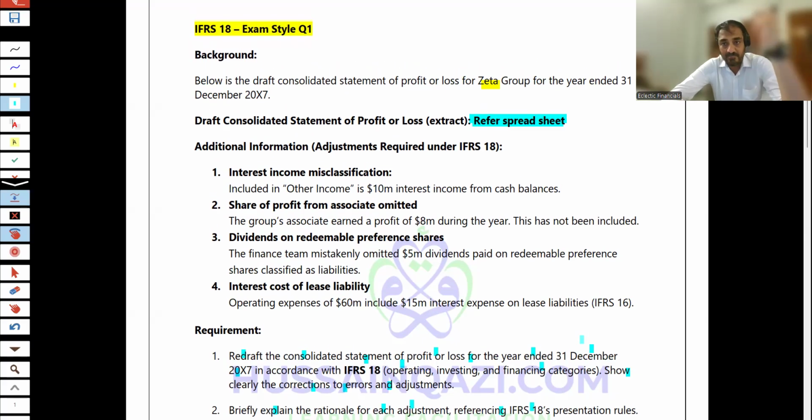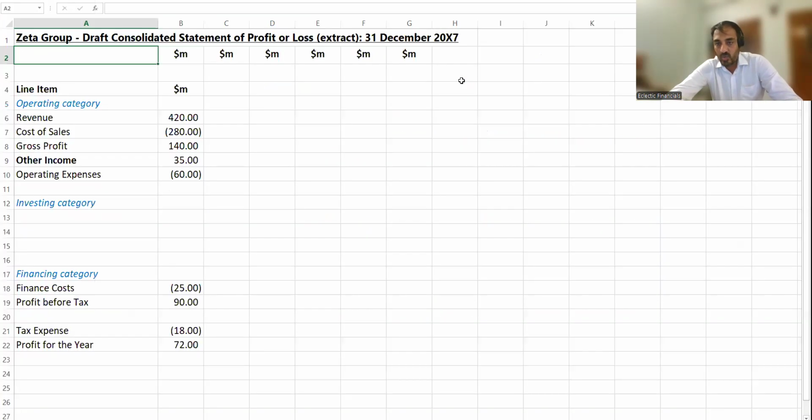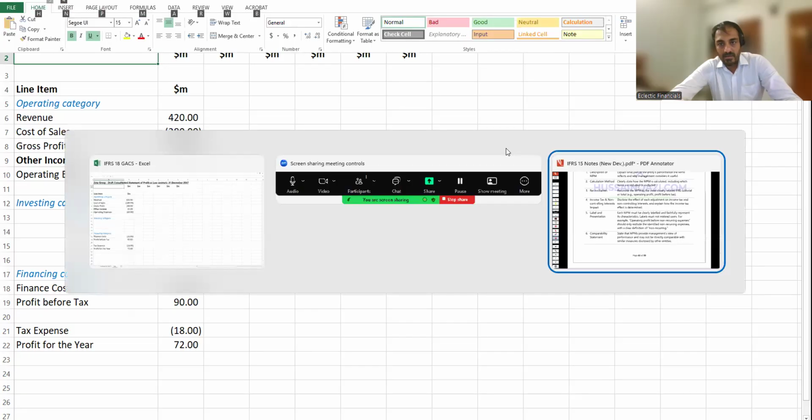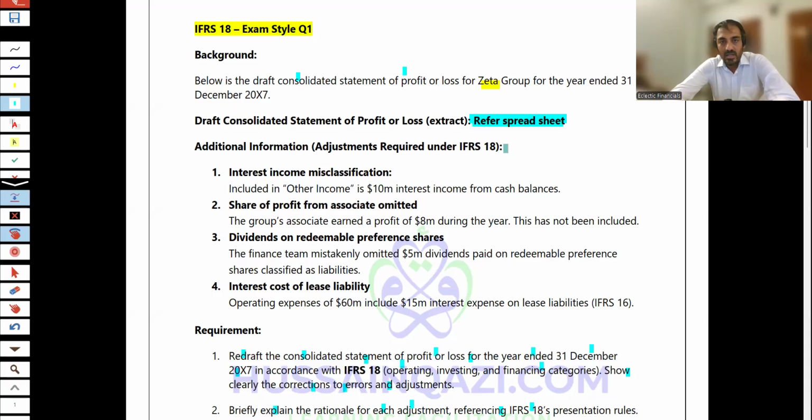So let's start. Below is the draft consolidated P&L. Below means refer to the spreadsheet. That's this one. Refer to the draft consolidated P&L for Zeta group for the year end 31st December X7.